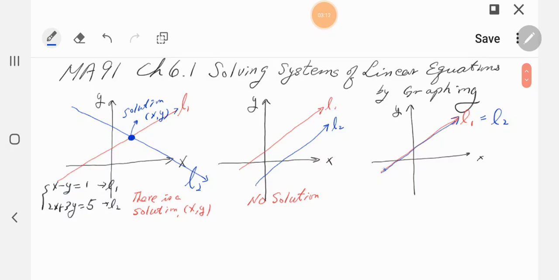All the points on this line are solutions, because each point on this line is an intersection. So in this case, there are infinitely many solutions.